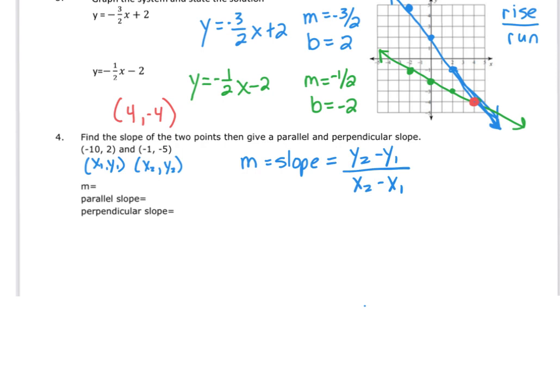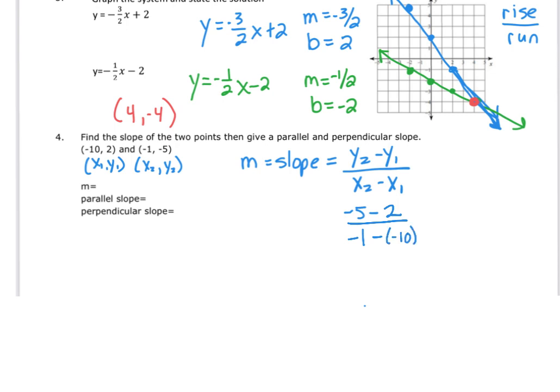So if I plug those in, my second y is a negative 5 minus, the minus is part of my formula, and then my first y is 2. And then we divide that by our second x, negative 1, minus, the minus is part of our formula, and then our first x, a negative 10.